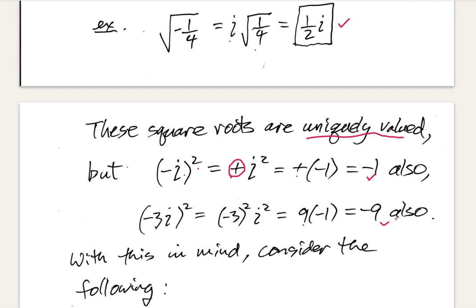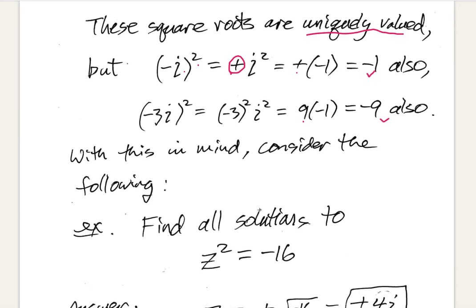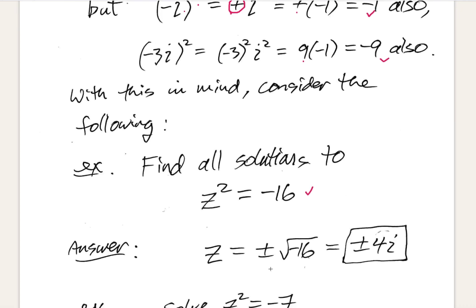With this in mind, consider the following. If I say find all solutions to the equation z squared equals -16, then the answer is z equals plus or minus the square root of -16. And we can see that the square root of -16 ought to be 4i.